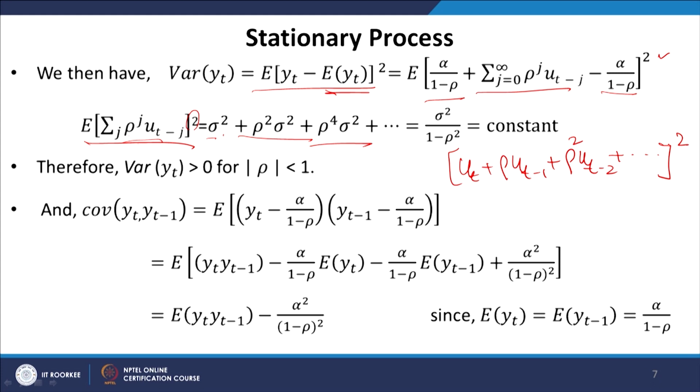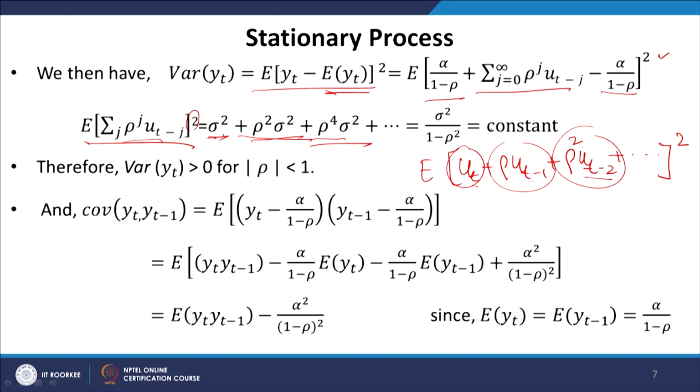Since the u t's are IIDs, that is identically and independently distributed, any cross multiplication between these components will be 0. So, we just need to consider the square terms of these individual components, and taking the expected value of those square terms, I arrive at sigma square plus rho square sigma square plus rho raised to the power 4 sigma square and so on.